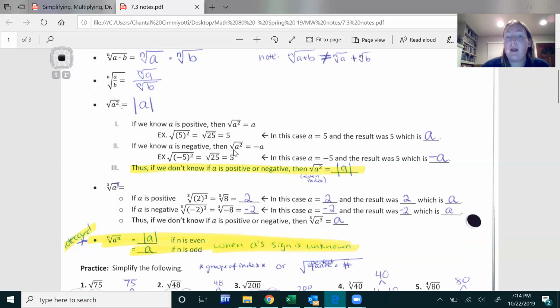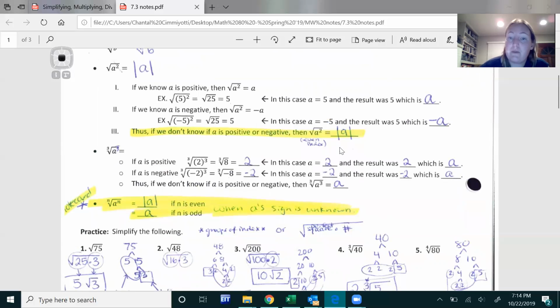We saw that in the prior lesson, but now it's a little bit different because we have an a and we don't always know what a represents.